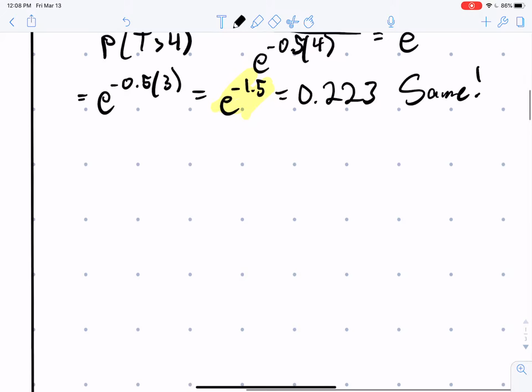We can write it out in general. So here's the general property.